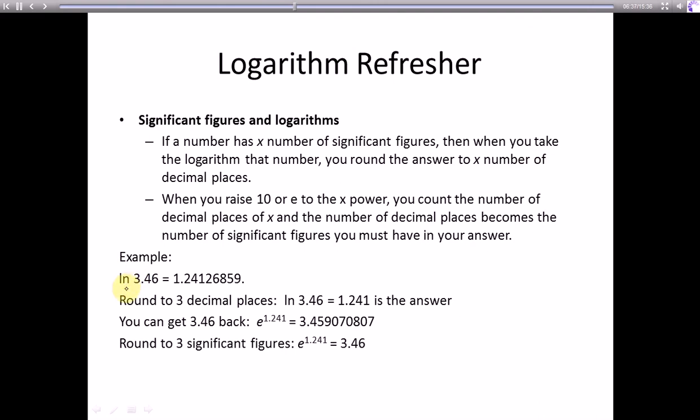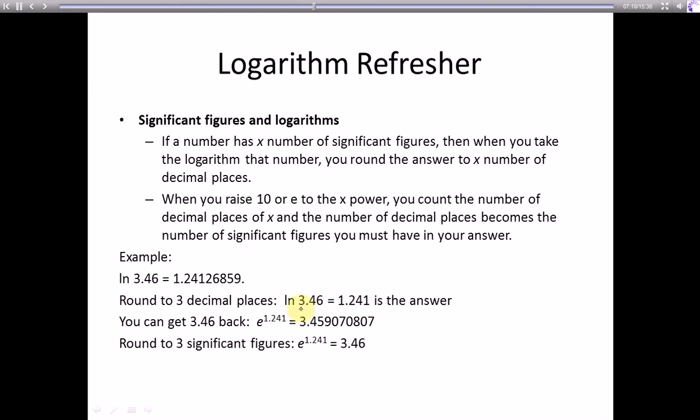We have the natural log of 3.46, and that equals 1.2412, etc. The argument has 3 significant figures, which means that we need to round our answer to 3 decimal places.